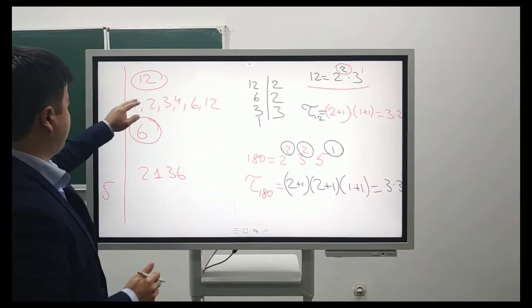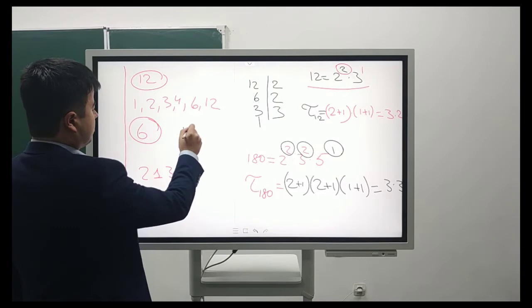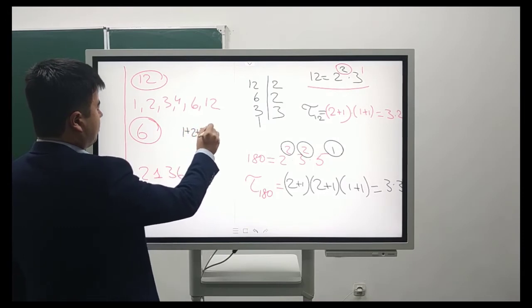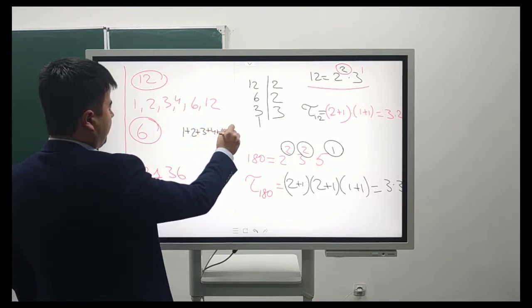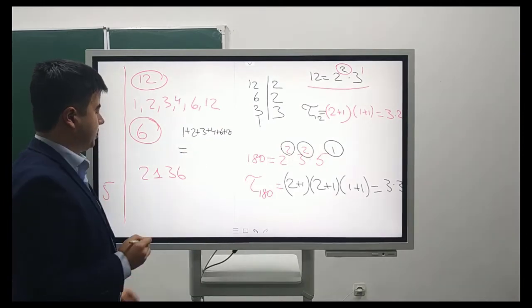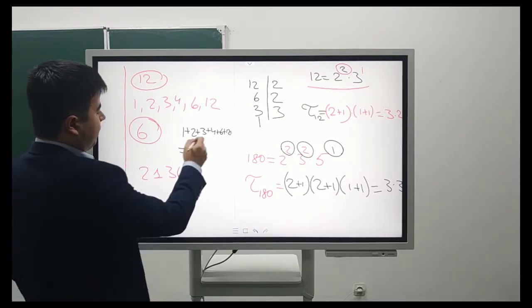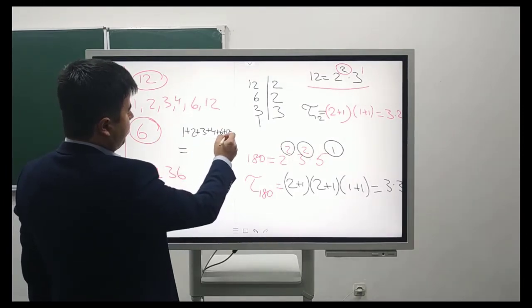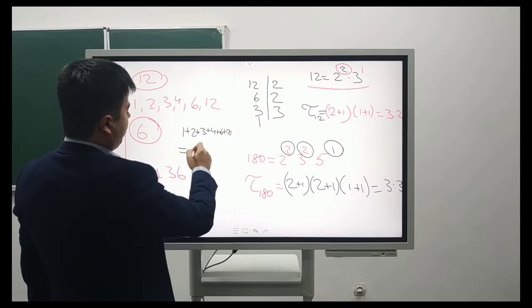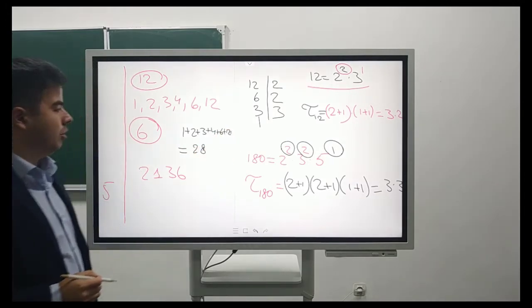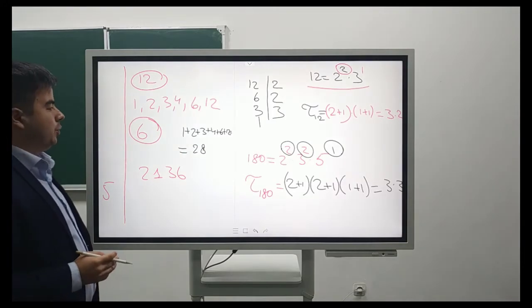It is 1 plus 2 plus 3 plus 4 plus 6 and plus 12. Yeah, this is the sum of divisors. So here we have 5, 5, 10, 20. So it is 18, 28. So the sum of divisors of 12 is 28.